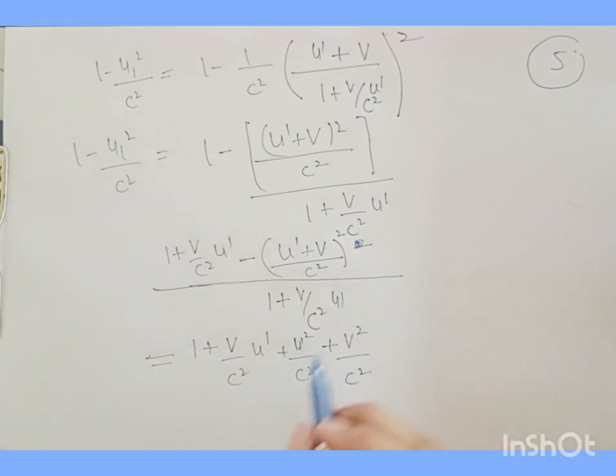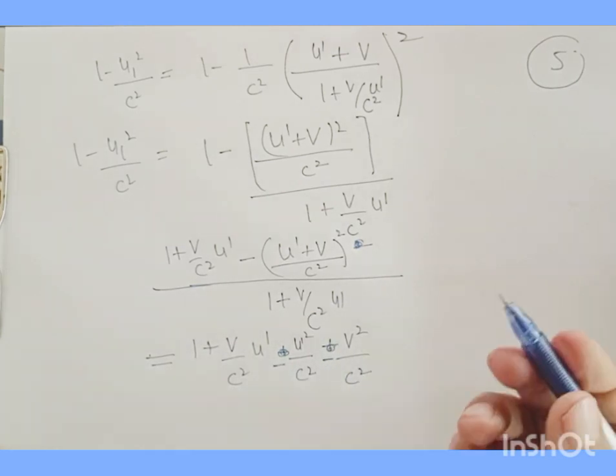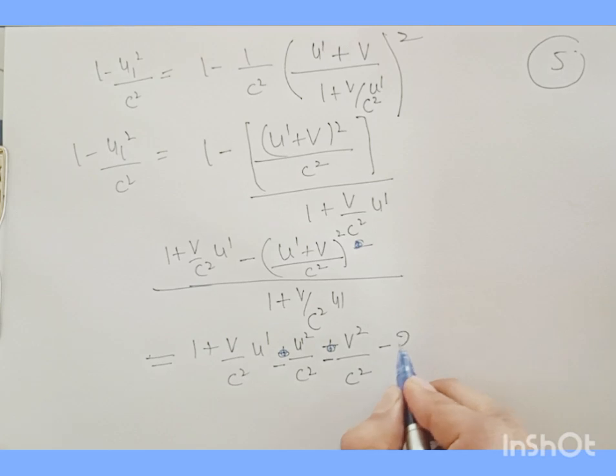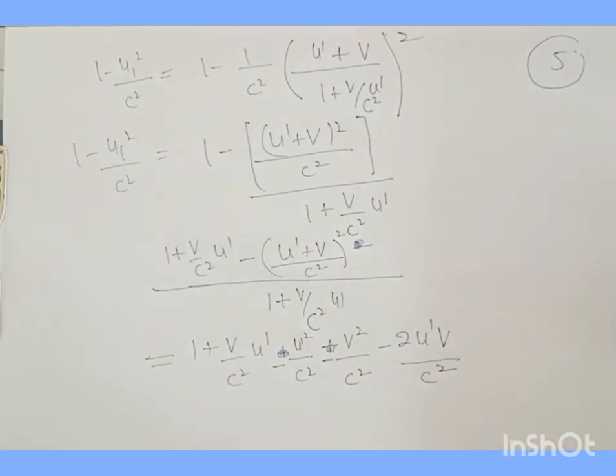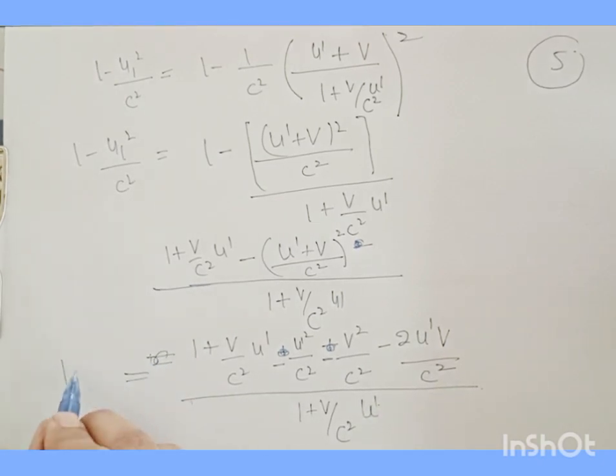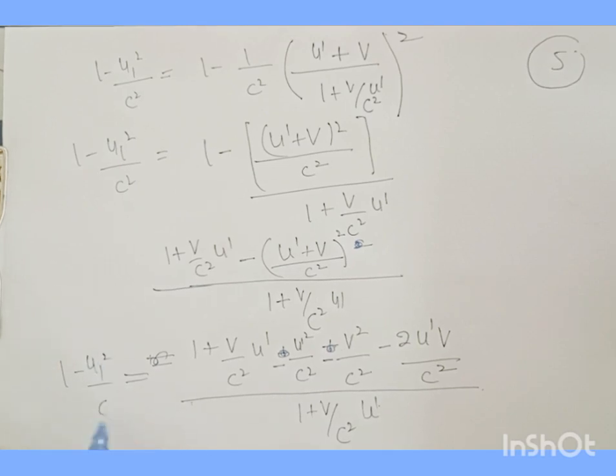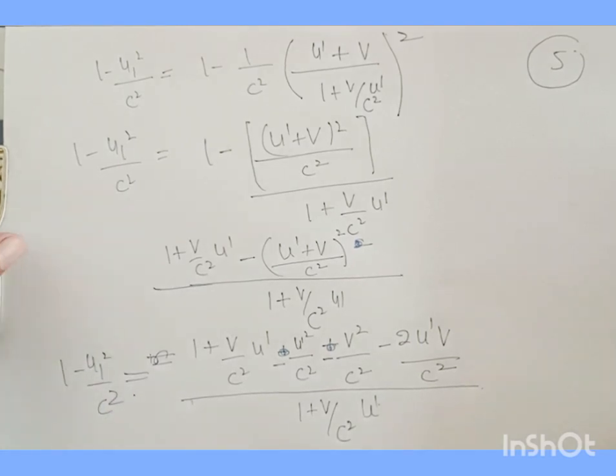Then what I had to keep in mind is minus is outside, so this will automatically become minus, and plus 2ab will become minus 2 u dash v by c square. That seems to be the story over here. This is whole divided by 1 plus v by c square u dash. And in the left hand side, what we have is 1 minus u1 square by c square. It's crazy.